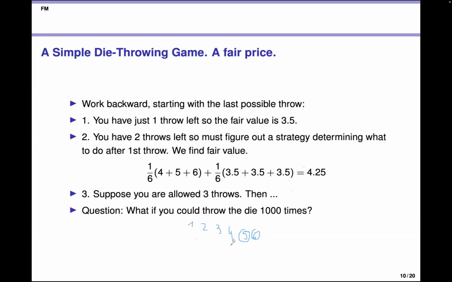And after that, we need to compute this, because the price of continuing is more than 4. So how can we compute it?